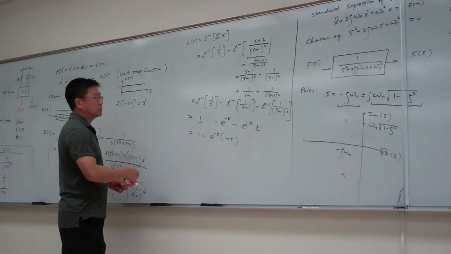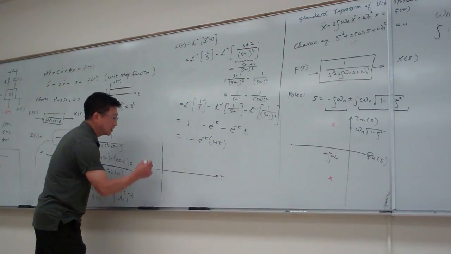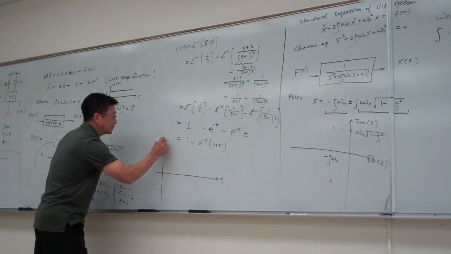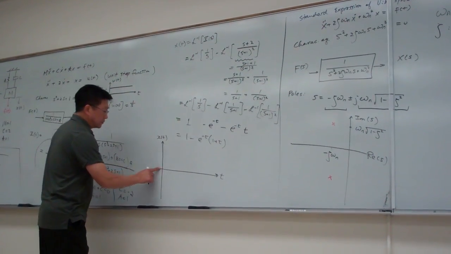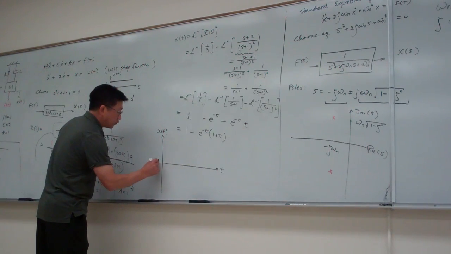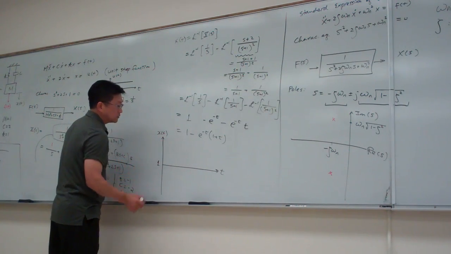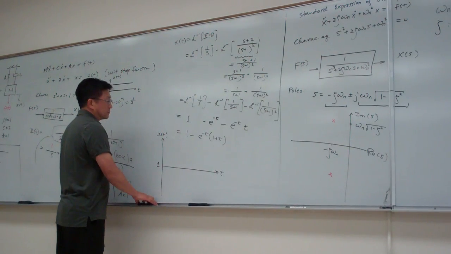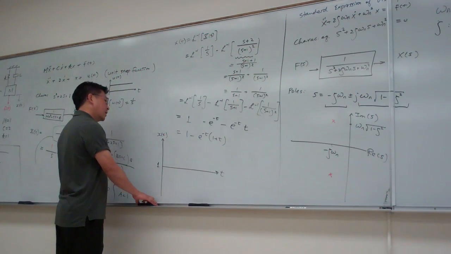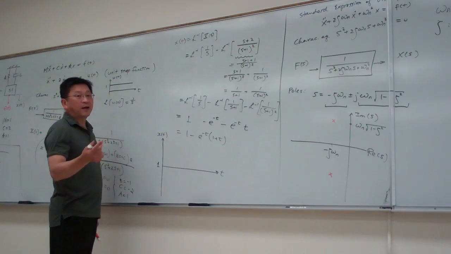Then we can continue. So right now we can draw the time domain response. This is t, and this is x of t. The value is 1 superposed with these components here, and that one is minus. You can use MATLAB.